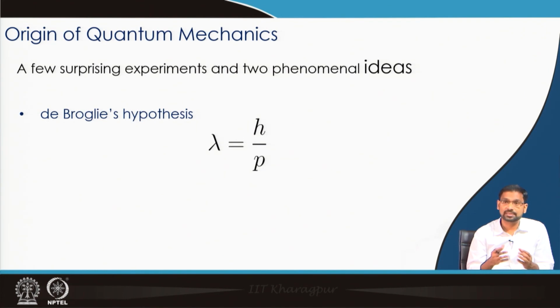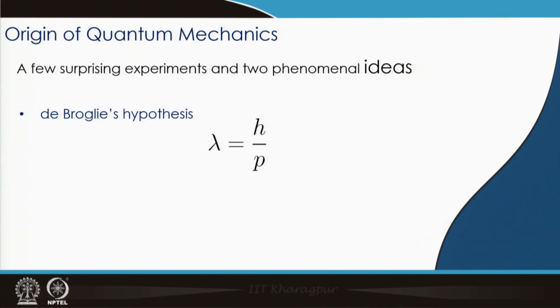Einstein's proposition was that light has both wave-like and particle-like nature. Now de Broglie's hypothesis is that any particle that we see also has a wave-like nature. Now wave-particle duality is complete. Of course, when you look at the classical world, when the mass is very large, and therefore the momentum is very large, you can see from this equation that lambda, the wavelength, is very small.